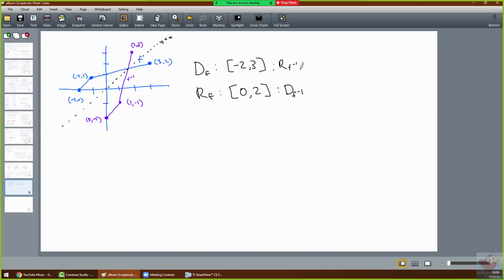Okay, a couple more comments, and then, because we're over time, I'll just ask you to watch the videos. However, there's 3 examples for this next part, and that next part is finding the inverse algebraically. So keep this in mind while you're watching those videos. There are 4 steps. The first step is to replace f of x with y.